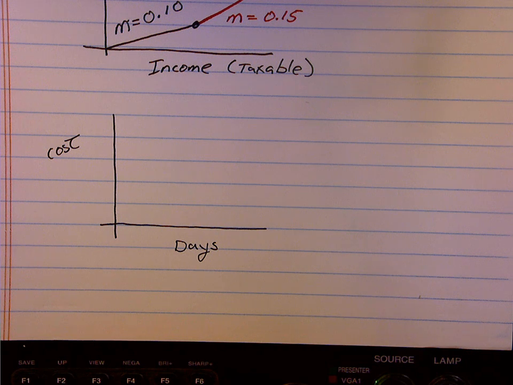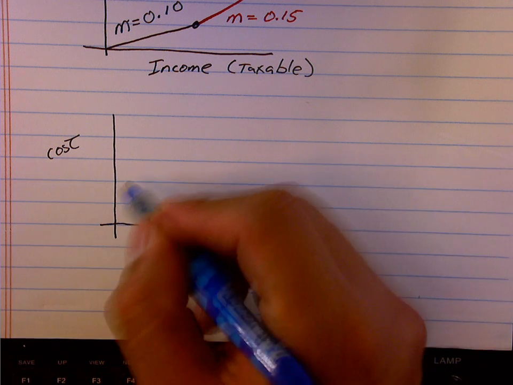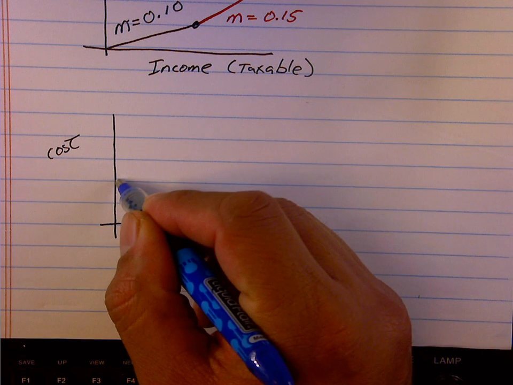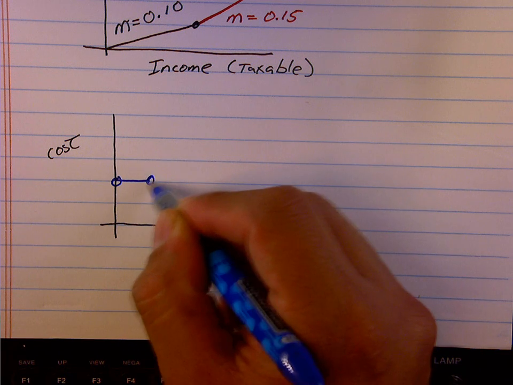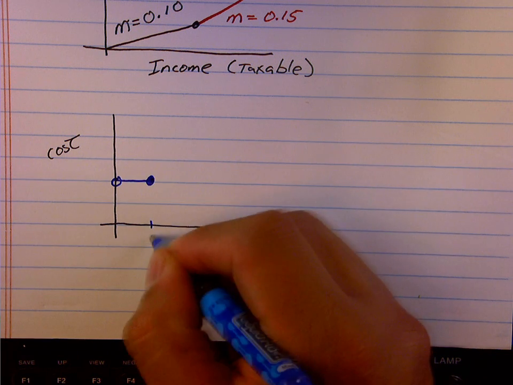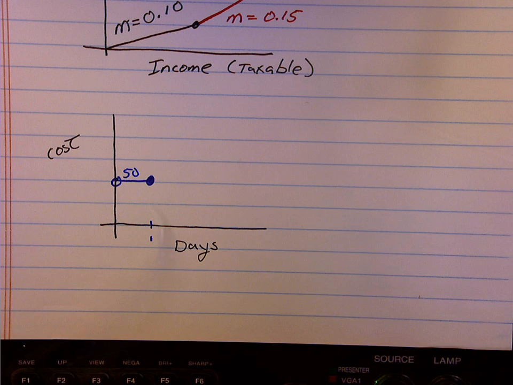So for our example, let's say it costs you $50 to rent it for the first day and $25 for each additional day. In this type of situation, we would start off from 0 through 1 day at a cost of $50.